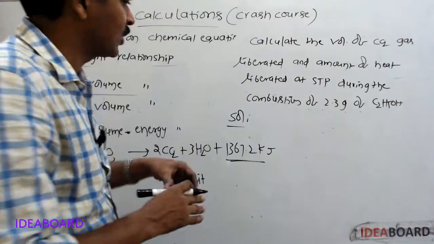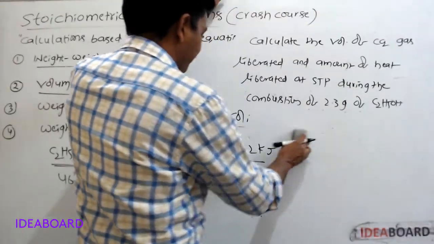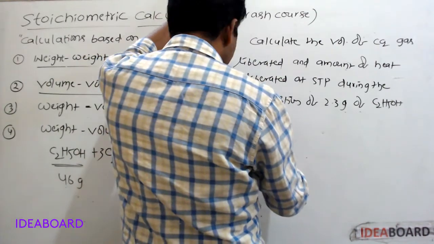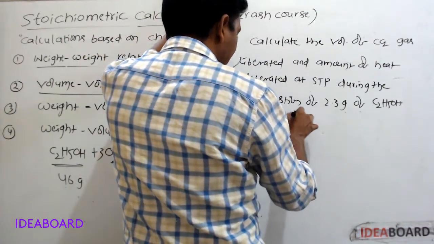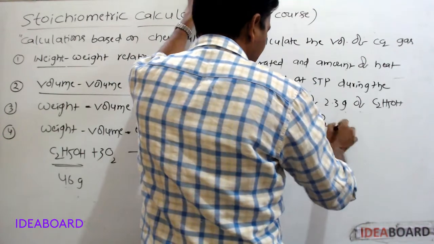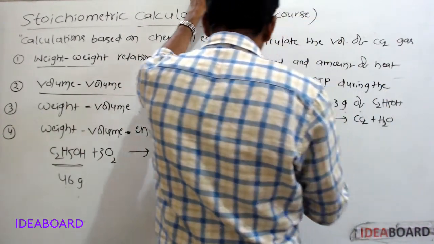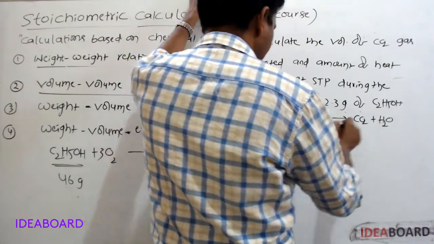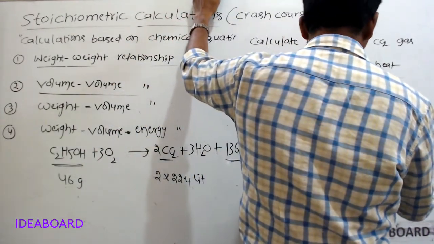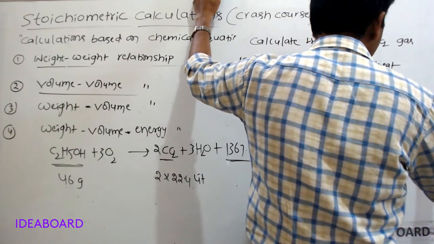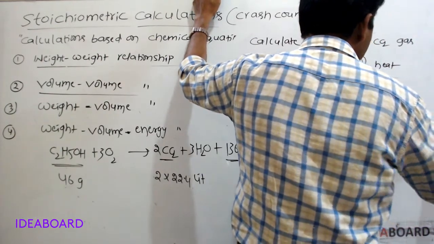First, we should write the stoichiometric equation. Even the equation is given. Ethyl alcohol on combustion with oxygen, CO2 plus H2O are produced, plus 1367.2 kilojoules.